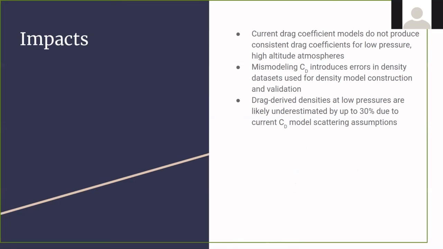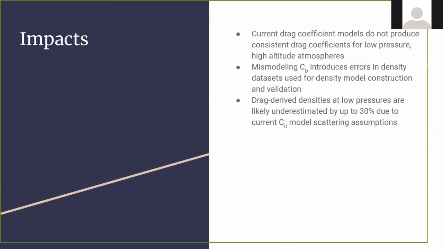Okay, so what are the big picture takeaways here? We are seeing that current drag coefficient models do not produce consistent drag coefficients for low pressure atmospheres. Then, since we rely on CD models for deriving density data sets and constructing and validating density models, these density data sets and models may be significantly misrepresented at low pressure altitudes above the oxygen to helium transition.